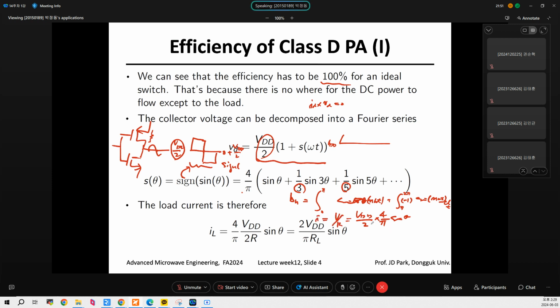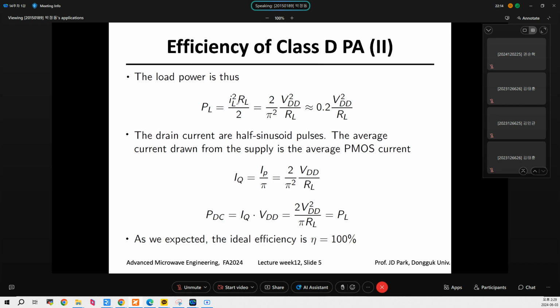So you just put the current over here. So it is 2 VDD by pi R sine theta. Okay, that's why you get this. Once you get IL, where theta is just omega t, then the load power is just what?